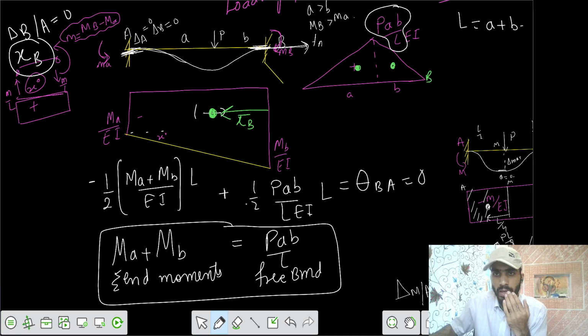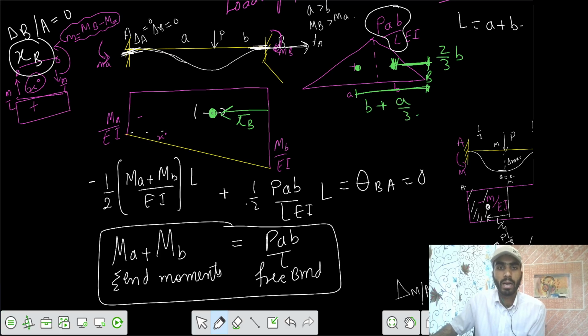This is point B. This value is equal to 2 by 3 of B, and this one is equal to B plus A by 3. We got these two values. And what about this one? This is a trapezium. You can either convert it into a triangular and a rectangular plate, or you can do it directly as a trapezium. It's up to you.